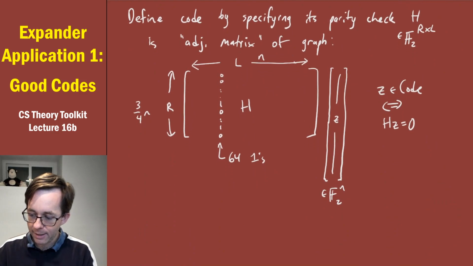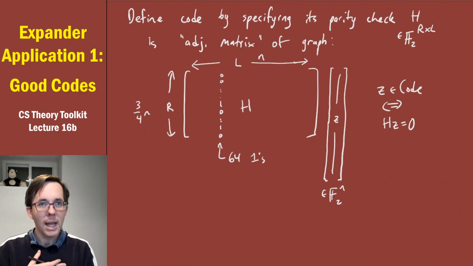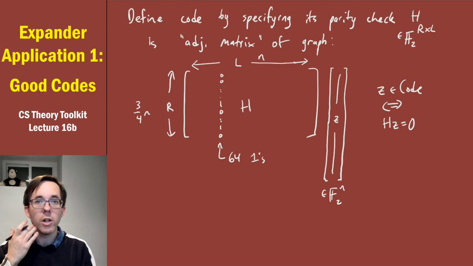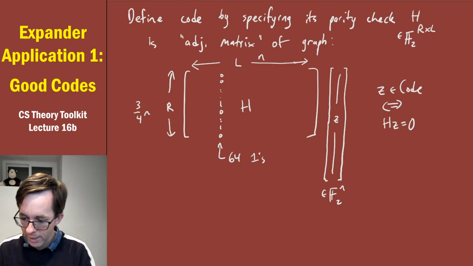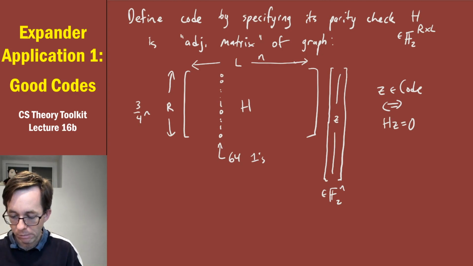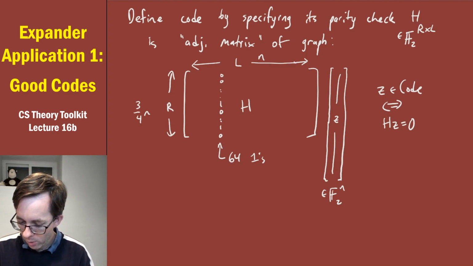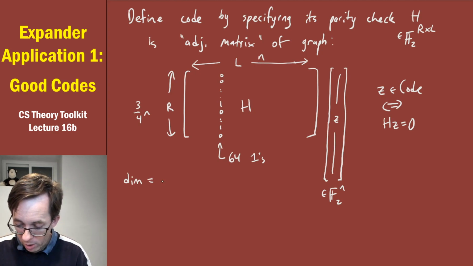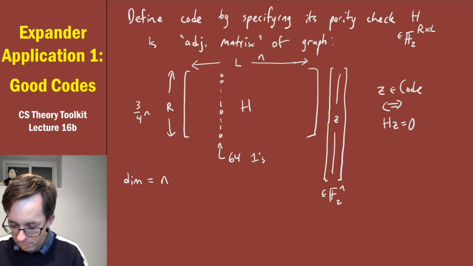And it's a linear code, it's a linear subspace. So what are the two things we always want to know about a code? We want to know about its rate and we want to know about its minimum distance. So its rate is easy to work out, or its dimension equivalently. The dimension, or the quote-unquote k for the code, if you recall, for linear codes, is just going to be n minus the number of parity checks, 3/4 n.